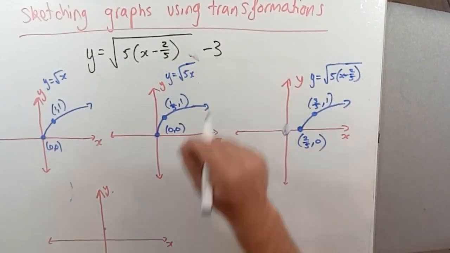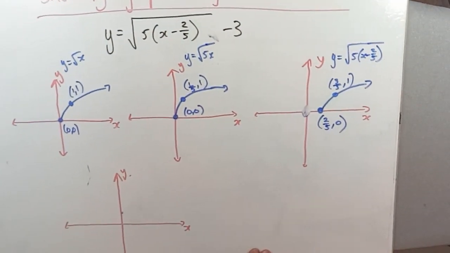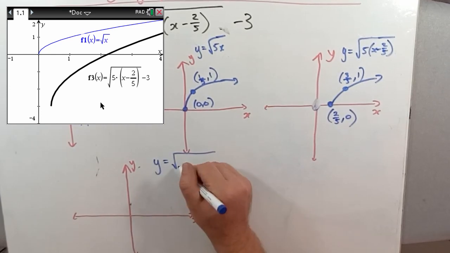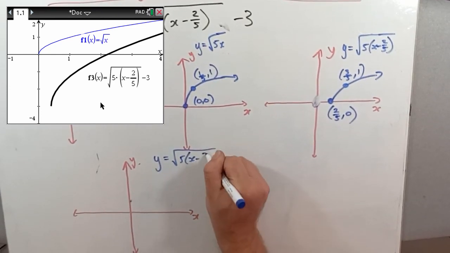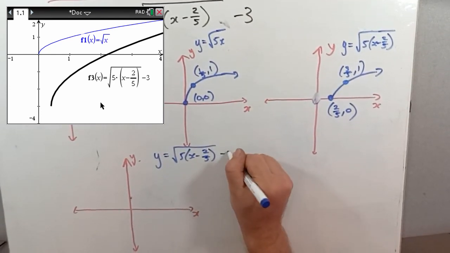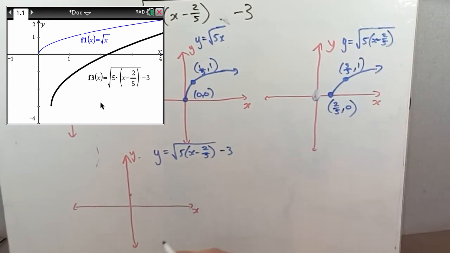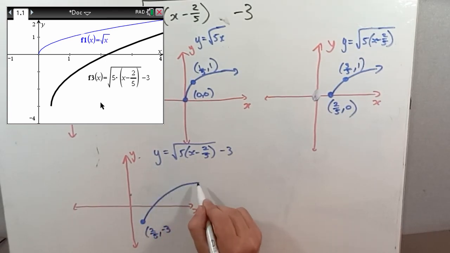Okay, and then I'm going to move the whole thing down 3, and that'll get me to the final thing. So root of x minus 2/5 minus 3. Okay, so move the whole thing down 3. So I'm going to start here at 2/5, negative 3. And then I'm going to go like this, plot that graph.